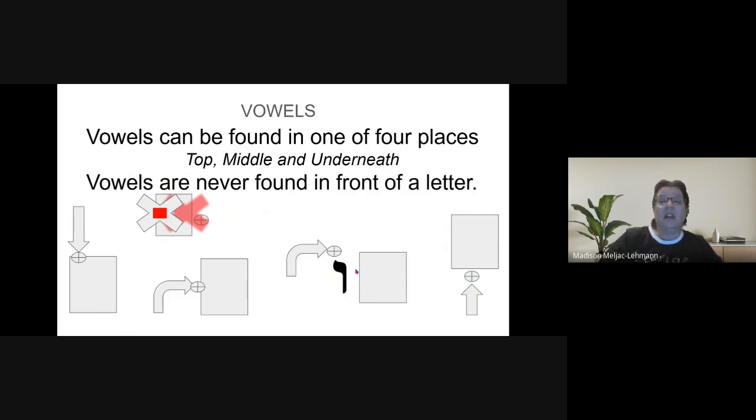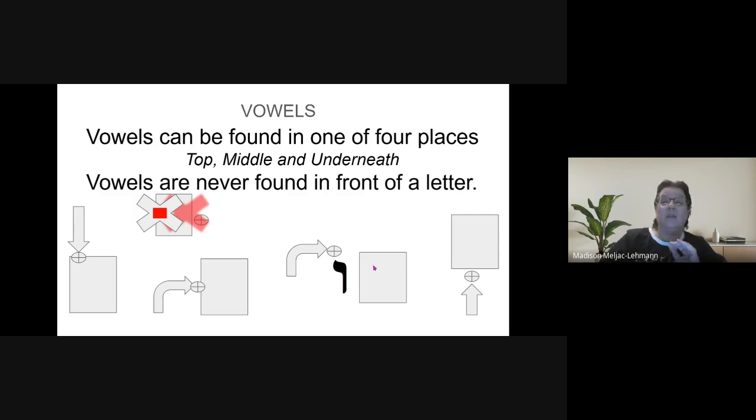This vav and this dot that makes an O sound, the olam vav, that would say low. Okay, all these would be one sound. And that is the harder part with the helper vowels, is knowing that if you see a letter that doesn't have a dot under it, it doesn't have a dot in these other places, is there a helper letter next to it?